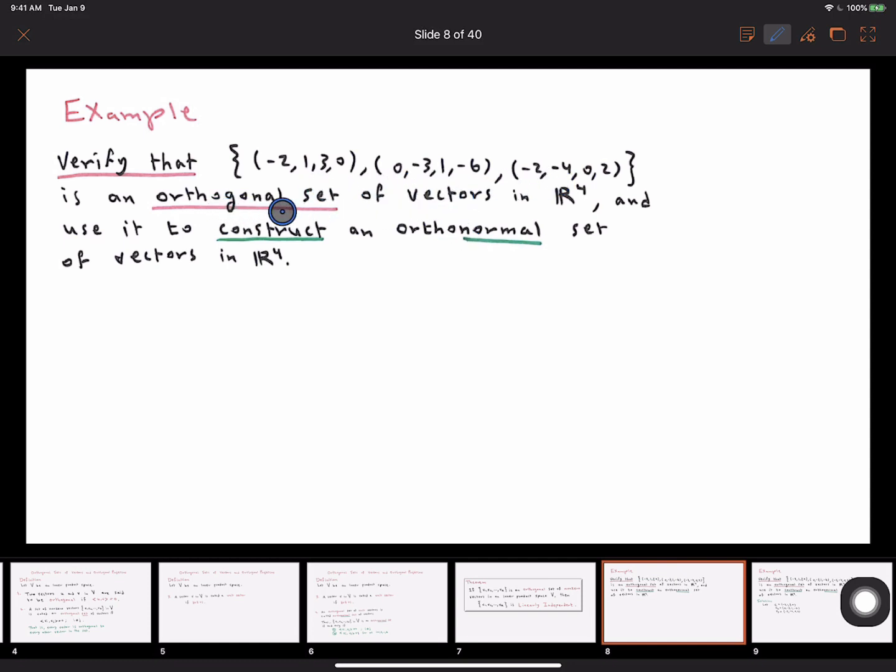If they're going to be an orthogonal set, 1 has to be perpendicular to 2, 1 has to be perpendicular to 3, and 2 has to be perpendicular to 3, all the possible combinations. And at the end, we're going to reduce the length of each one of them to a unit vector to call them orthonormal.